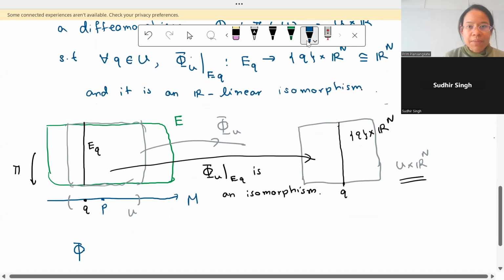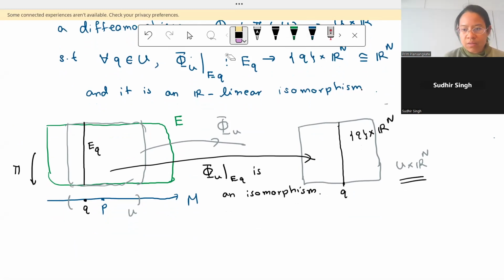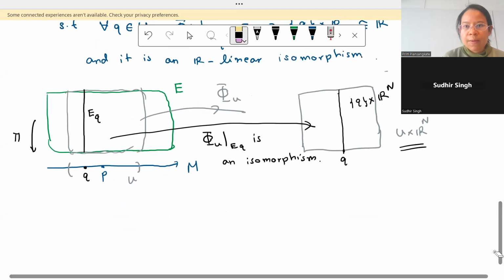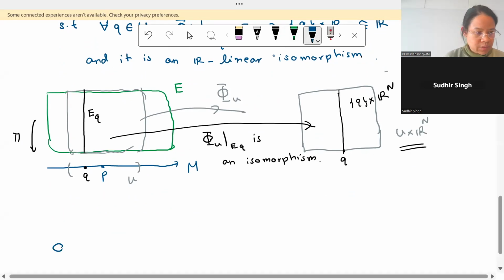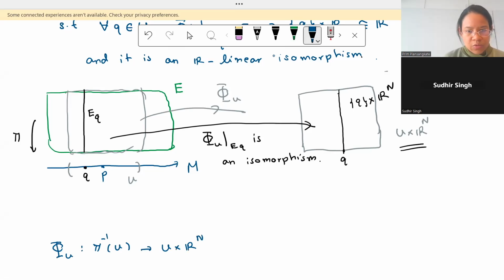And this map phi is called local trivialization.